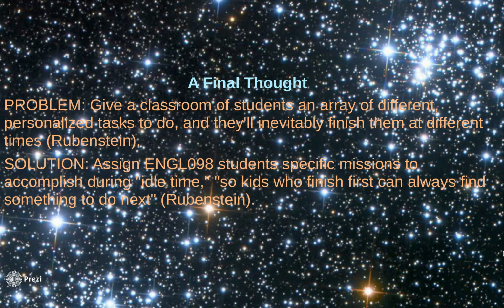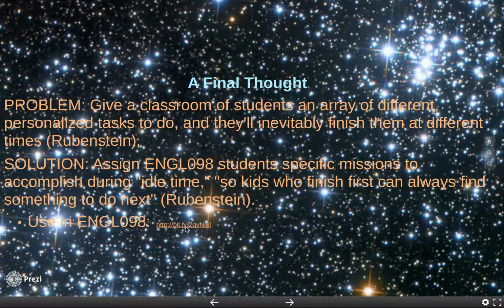The solution in my English 098 class is that I assign them specific missions to accomplish during idle time. And Rubenstein says you should do this so kids who finish first can always find something to do next. An example of how I do this in my class is right here.